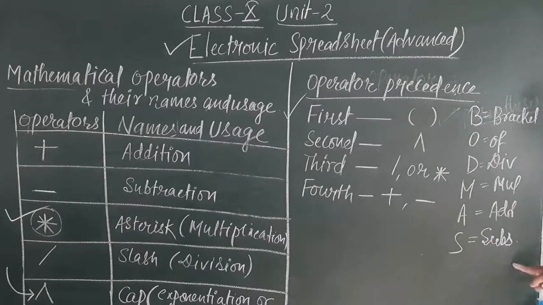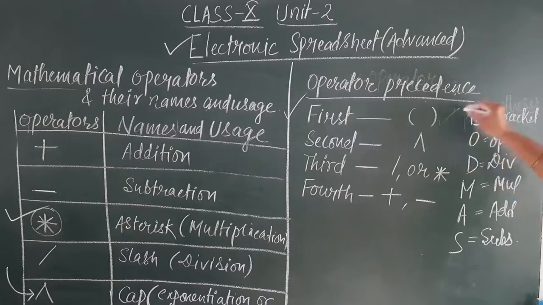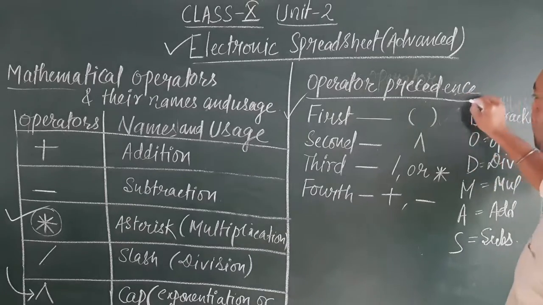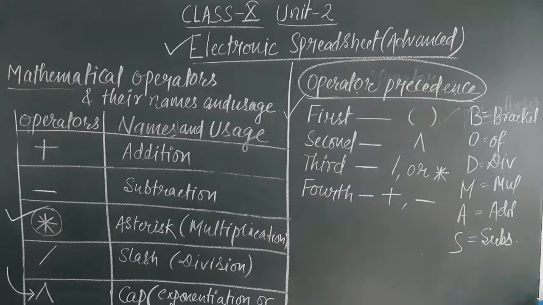So this terminology, whenever we use it in any expression in our spreadsheet application, is referred to by another term, that is operator precedence. It means the different orders in which our operators can be utilized in our expression.